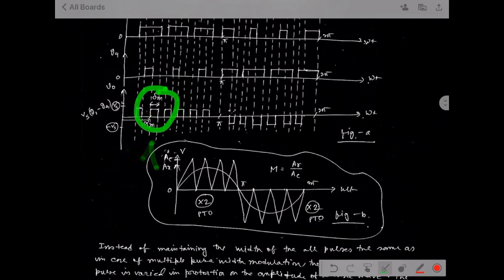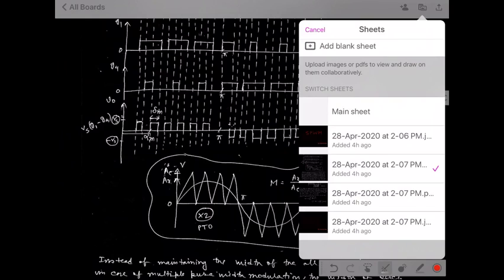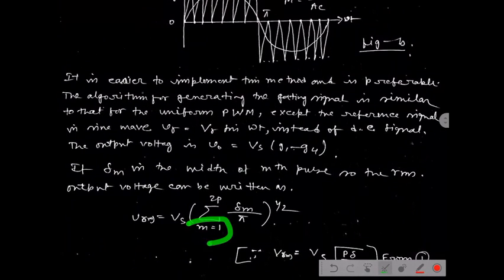It can happen for this one, and for this one. That is why this is the mth pulse, which has the width delta M. This is defined by the expression here. M can continue from the first pulse onward, that is M equal to 1 to 2p.